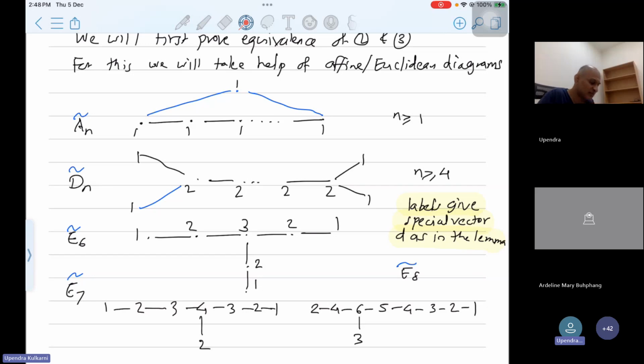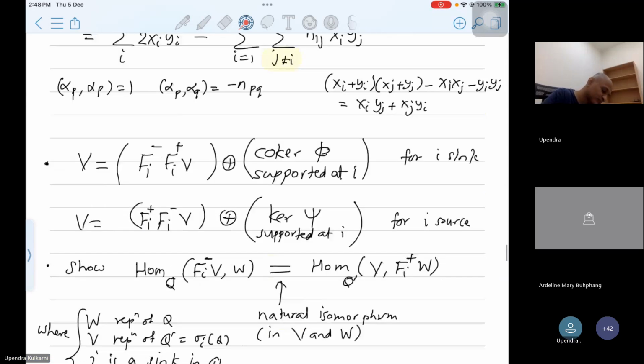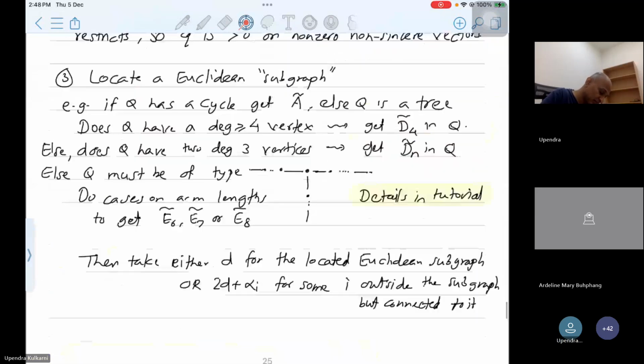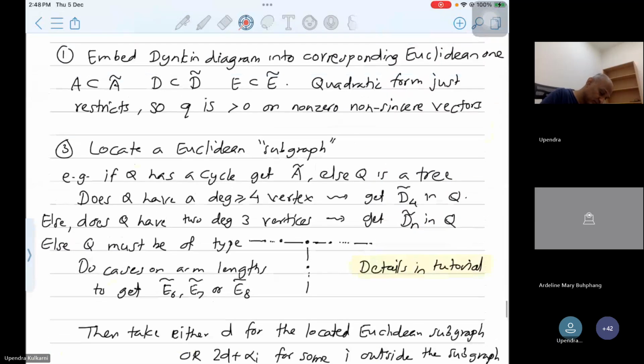Because what I do is my graph is going to be of the type, let me just go over here. And this is a mistake that I should correct, not D4 tilde, but D3 tilde. So this means I have at most one vertex of degree 3.